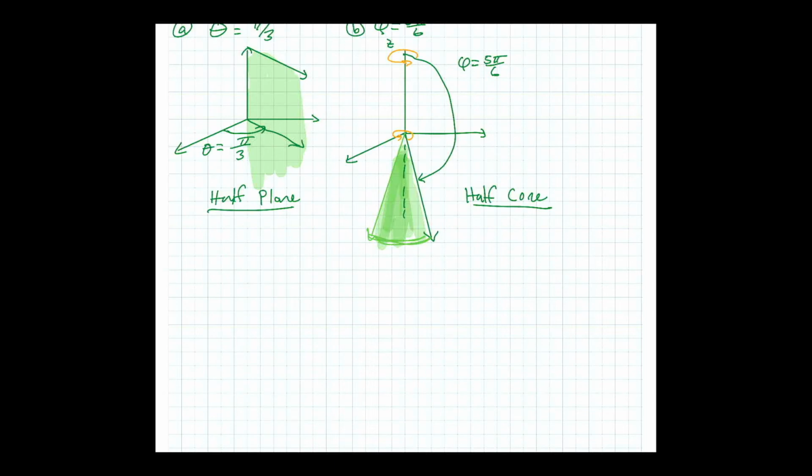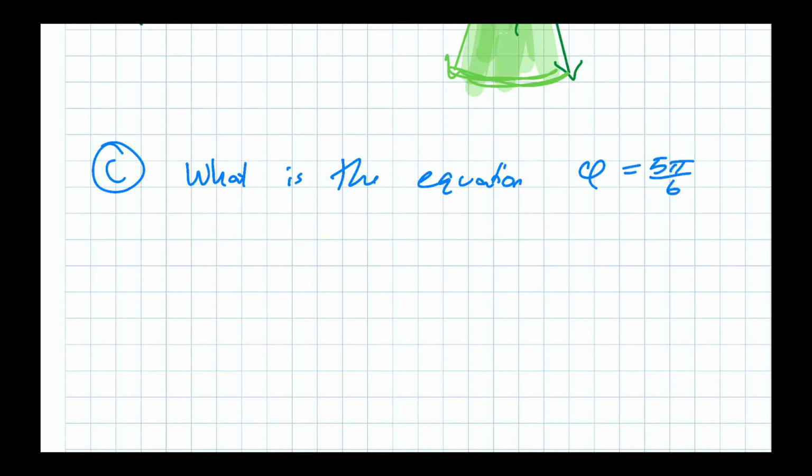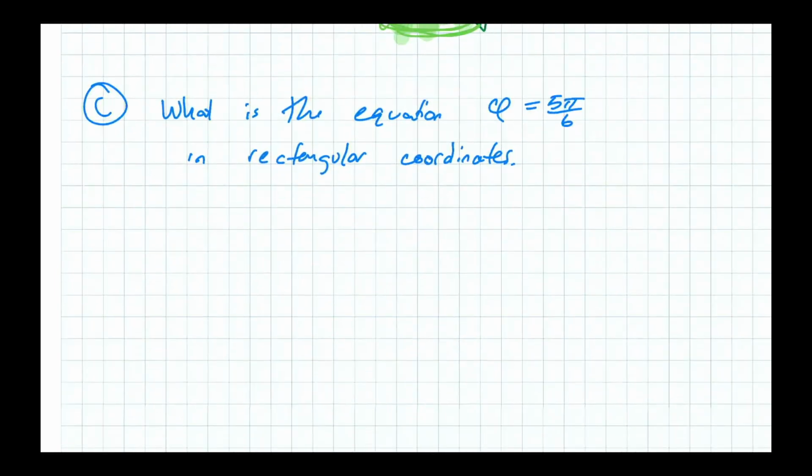So I'm going to make a part C and say, what is the equation phi equals 5 pi over 6 in rectangular coordinates? They can ask you to convert the equation into rectangular coordinates. So how do you do this?